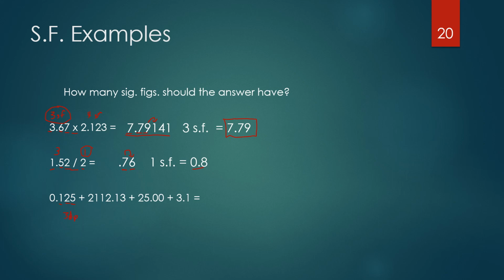I'm not paying attention to this 2,112. I'm looking at just after the decimal. So I start at the decimal and there are 2 decimal places. Next, 25.00. Just after the decimal point, there are once again 2. It doesn't matter that they're both zeros. We're just looking at how many spots are present after the decimal place. 3.1, there's just 1 number after the decimal point.